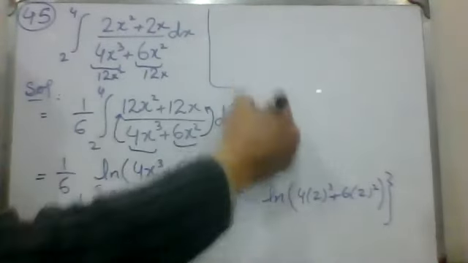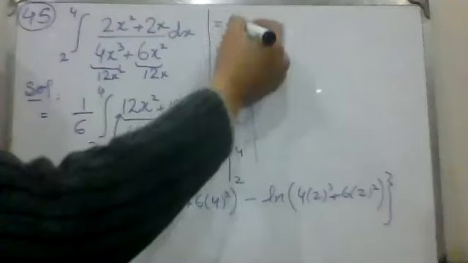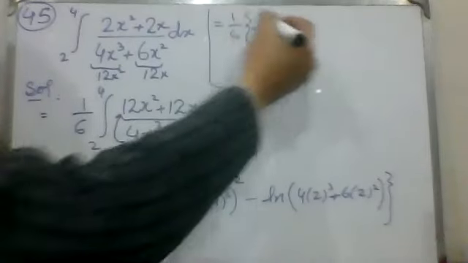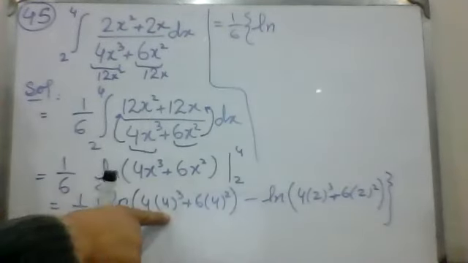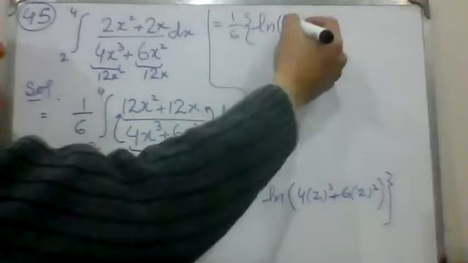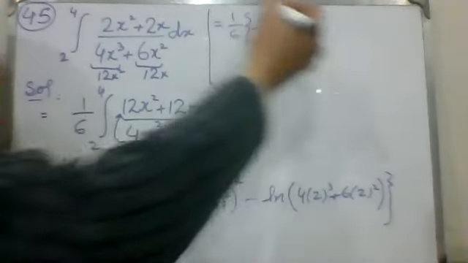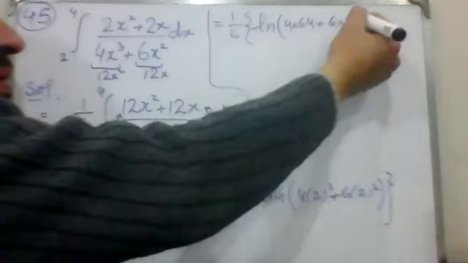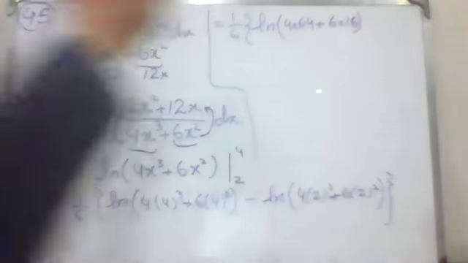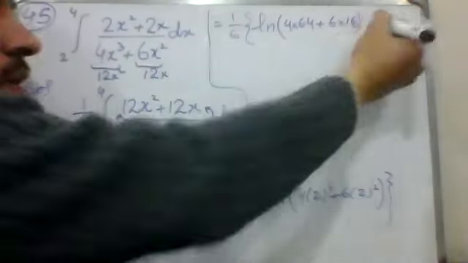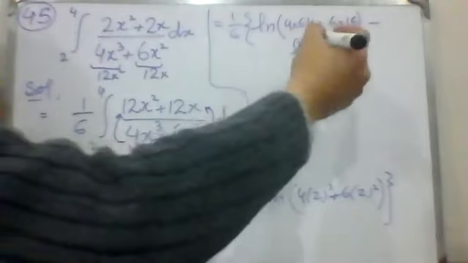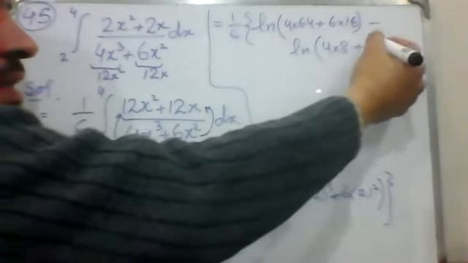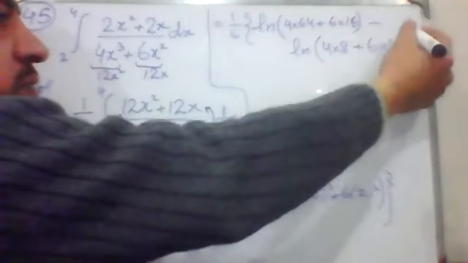Here next one, 1 by 6 bracket ln of 4 power 3 is 64, 4 multiplied by 64, now you can calculate, plus 6 multiplied by 16, we get the first term is that, minus sign, the second term is here, ln of 4 multiplied by 8 plus 6 multiplied by 4, bracket close and bracket close.